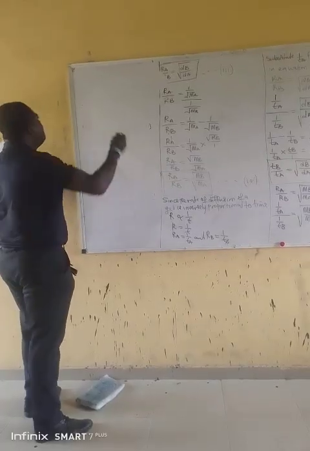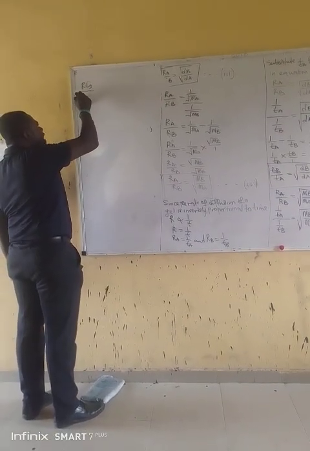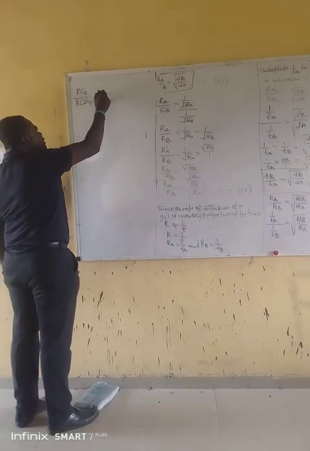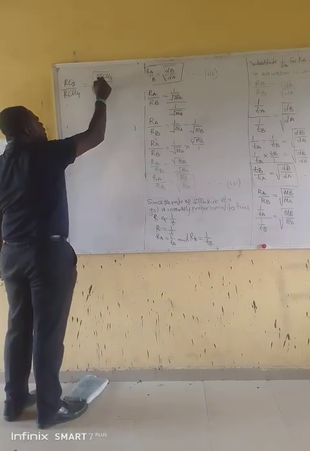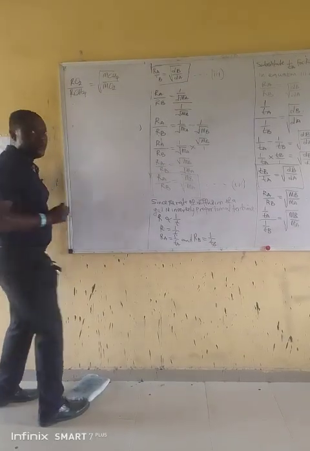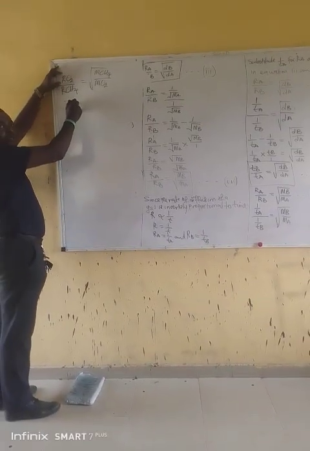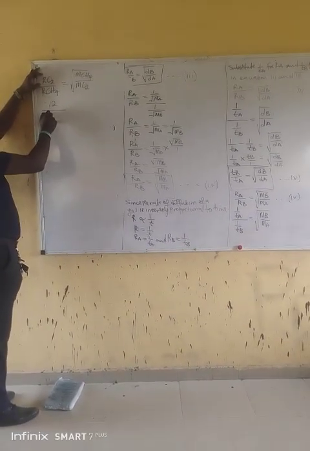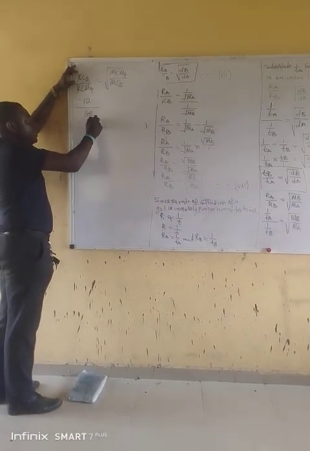So now the formula: R of O2 over R of CH4 is equal to square root of M of CH4 over M of O2. Anywhere we see R, we have calculated this 12. Then over, that's a number 60 over what? Time for CH4 to diffuse.